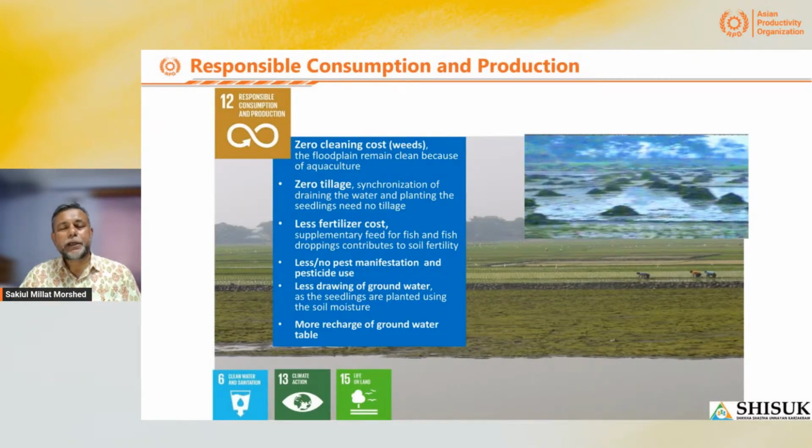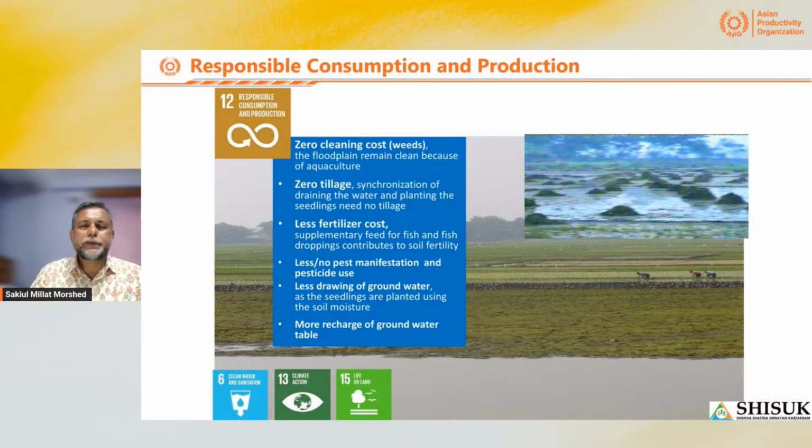If we go back, you see how it contributes to our environmental issues, SDG goal 12, responsible consumption and production. On one hand, we follow the agroecological process, which conserves biodiversity and the environment, and it also helps us reduce transaction cost.